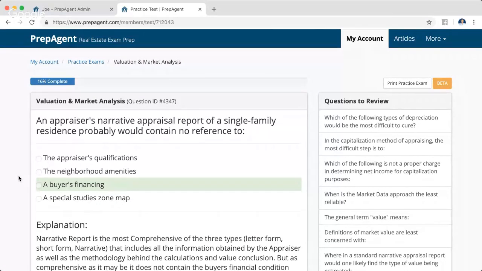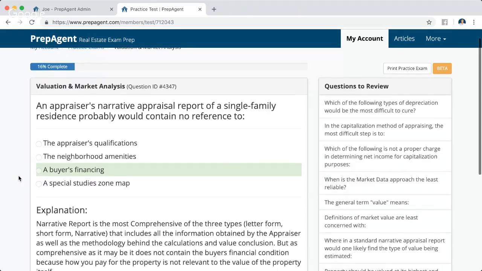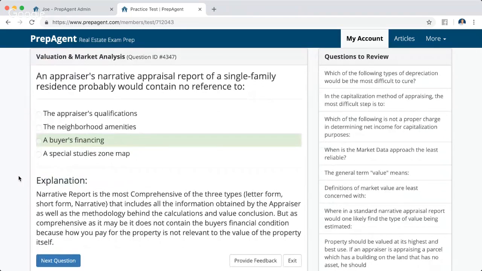How you pay for the property has nothing to do with the value itself. That's why the answer is C. Even in the most comprehensive report, the buyer's financing is not a relevant factor. So everybody get that? How you pay for it has no relevance to the value itself.